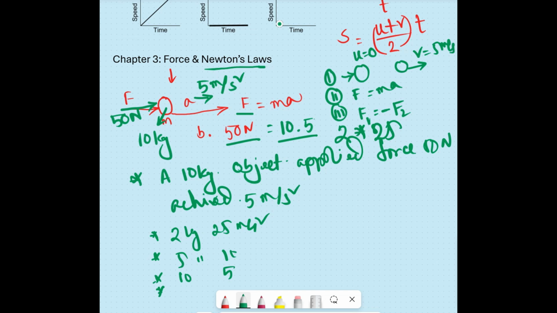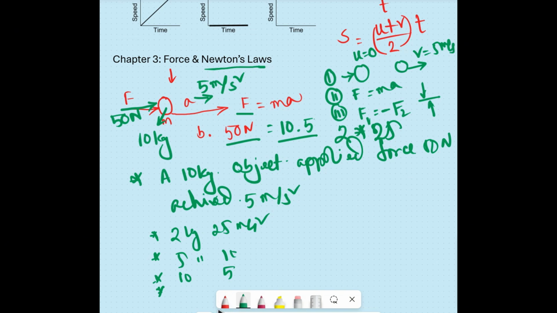It means that if you give a force here, the same amount of force will repel towards you. This is the third law. And of course, within these three laws, there may be some extended or explanation questions asked in your exam.